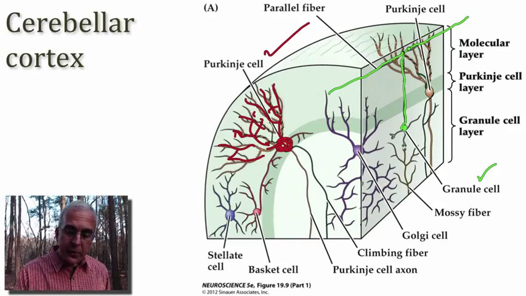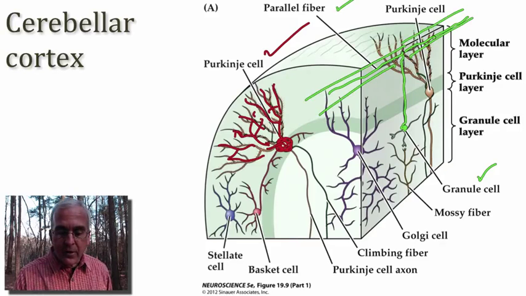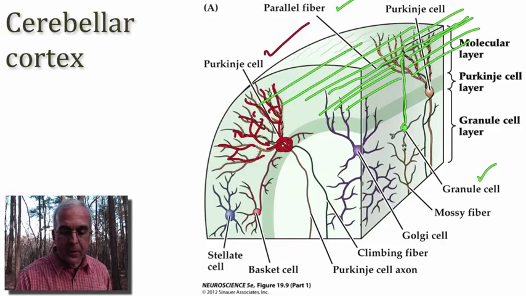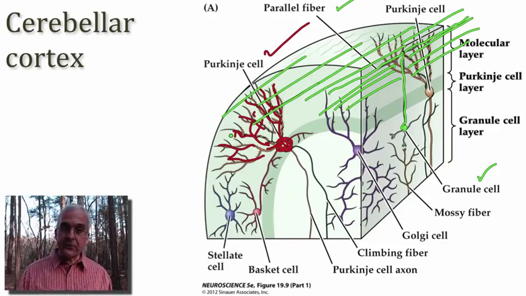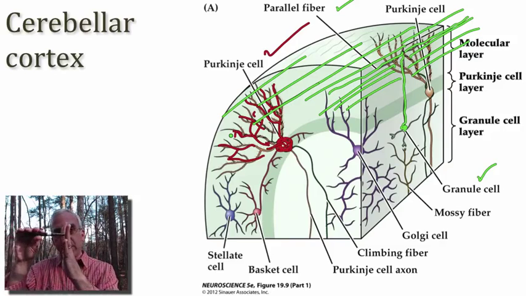So these are called parallel fibers because they are growing in parallel to one another and parallel to the organization of the folia of the cerebellum. Now, it's difficult to appreciate this fact in the illustration, but the organization of the Purkinje dendrites are orthogonal to the parallel fibers that are running through them.